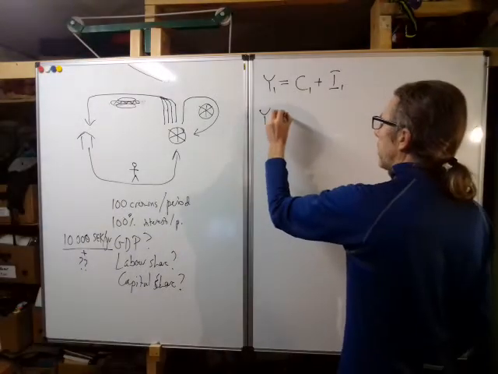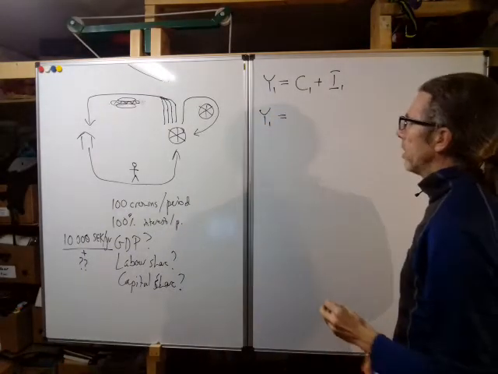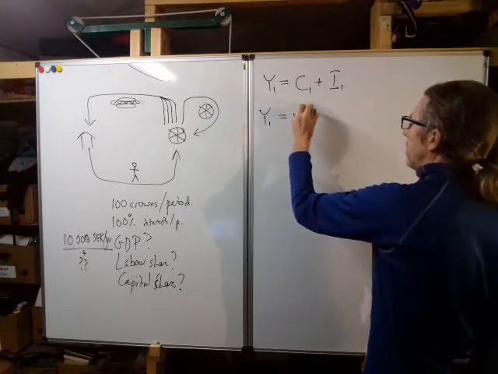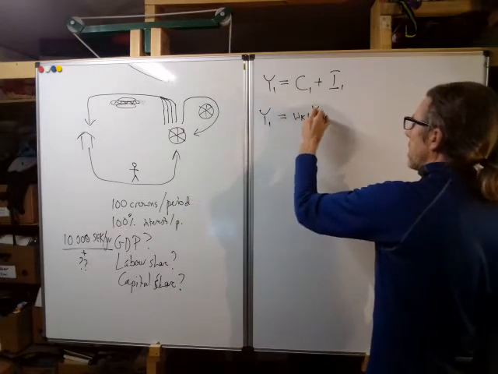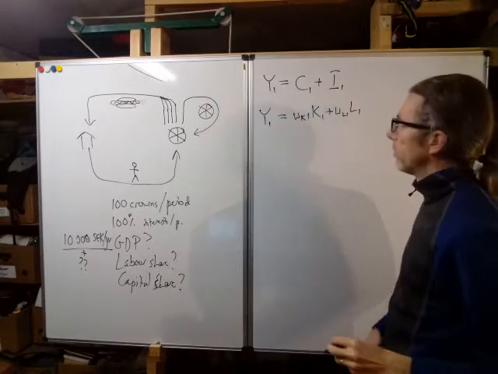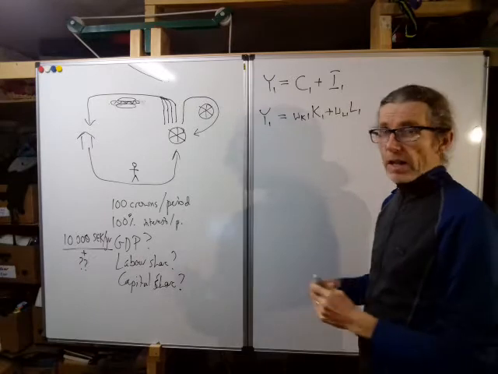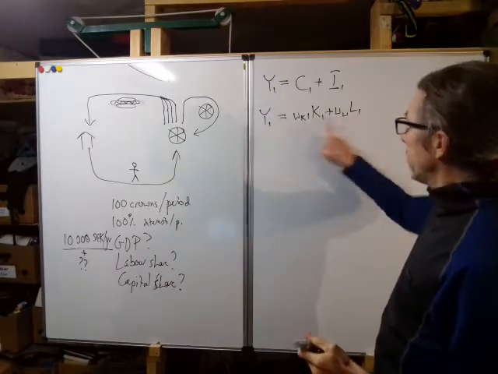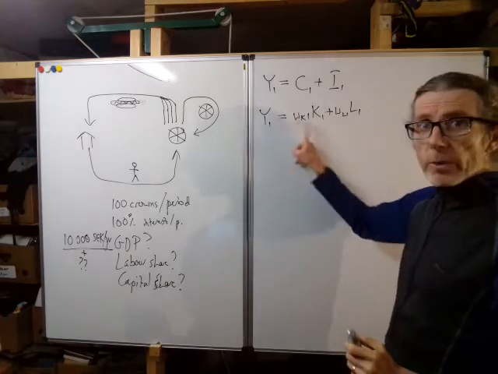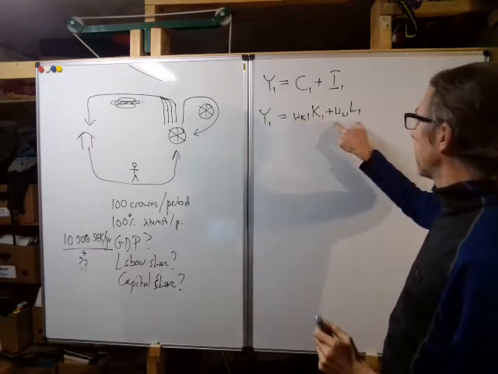The other one we have is that Y1 is WK1 K1 plus WL1 L1. This is the other main way of defining GDP. It's the total payments to your input factors, capital and labour.